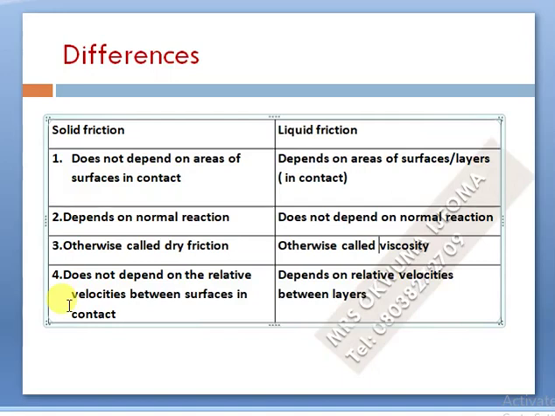And if the velocity is 100 meters per second, it will still encounter frictional force. So solid friction does not depend on the relative velocity between the surfaces in contact.